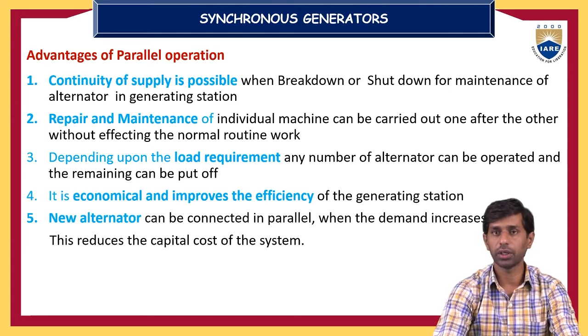Annual maintenance, repairs and routine work can go on if the alternators are connected in parallel. One after another we can switch them off, and depending upon load requirements, we can switch on or switch off the alternators connected in parallel to the common busbar system.